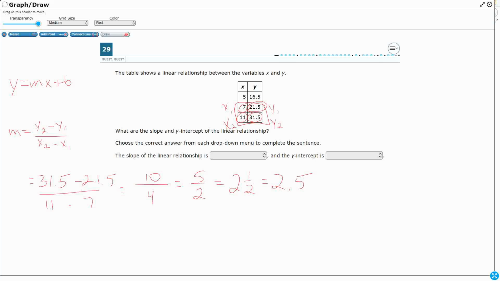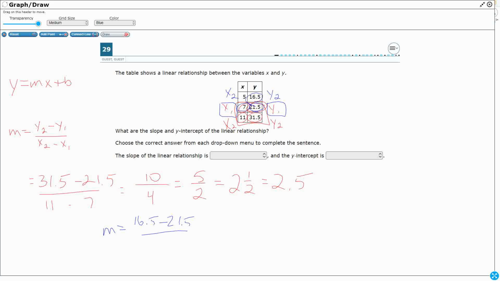Now, we could have used two completely different ones, so let's make this our x sub 2 and our y sub 2, and then we could have kept this as our x sub 1 and our y sub 1. We'll get the same thing, right? M equals, our y sub 2 is 16.5 minus 21.5.